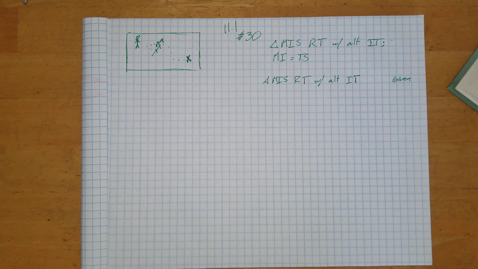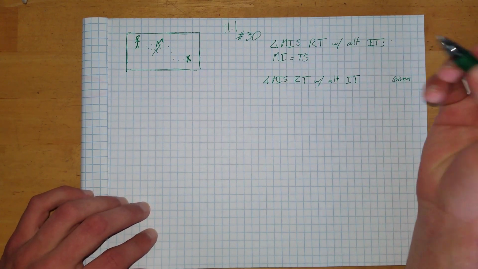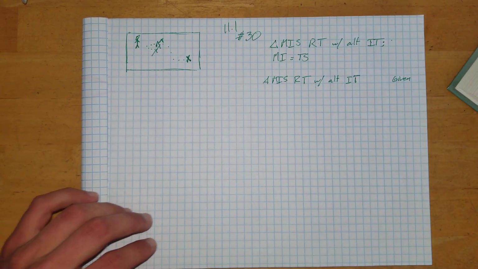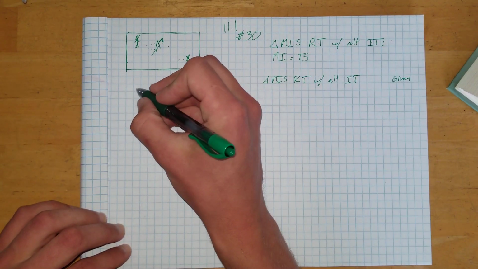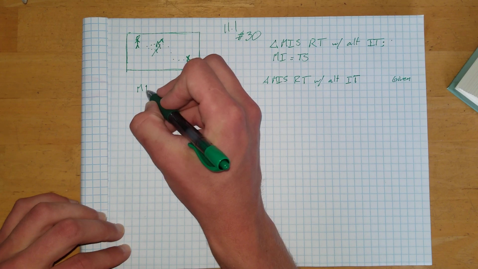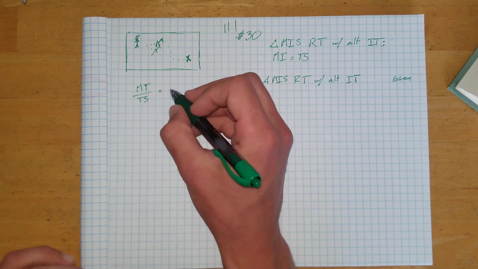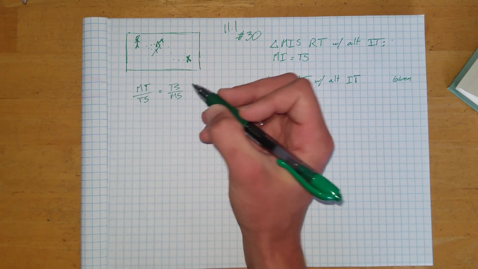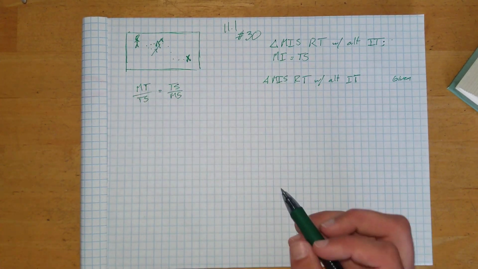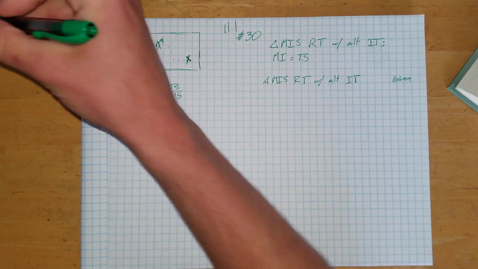So where we want to go is, sorry, I forgot to say that, where we want to go is that MT over TS equals TS over MS. The reason that knowing where you want to go is important is that if I didn't know X was over here, I might go the opposite direction.